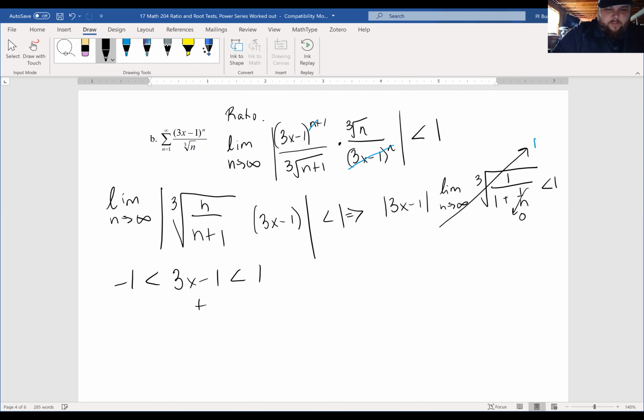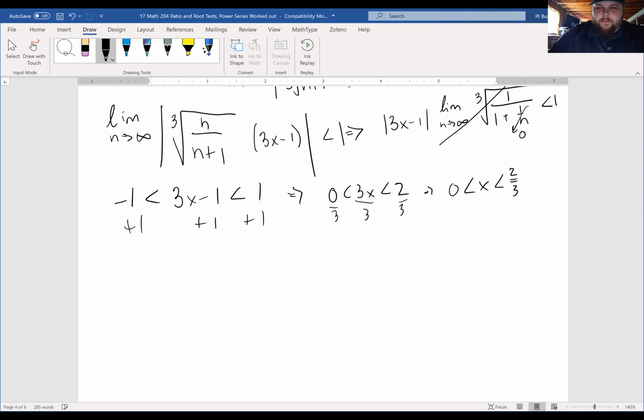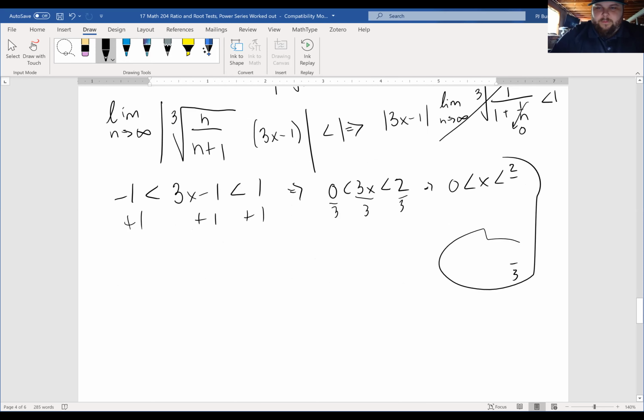So I'm going to add 1 everywhere. And divide by 3 everywhere. So 0 less than x less than 2/3. So this is my interval.